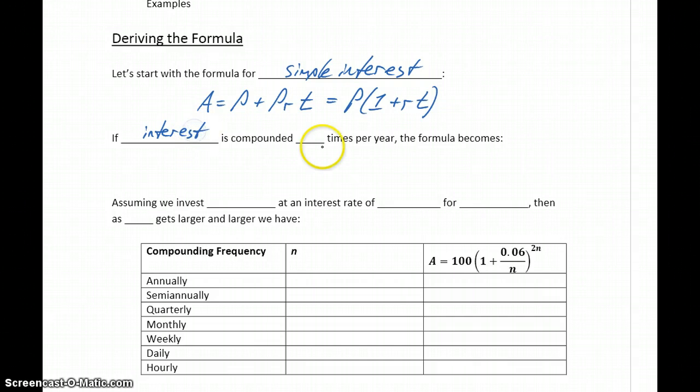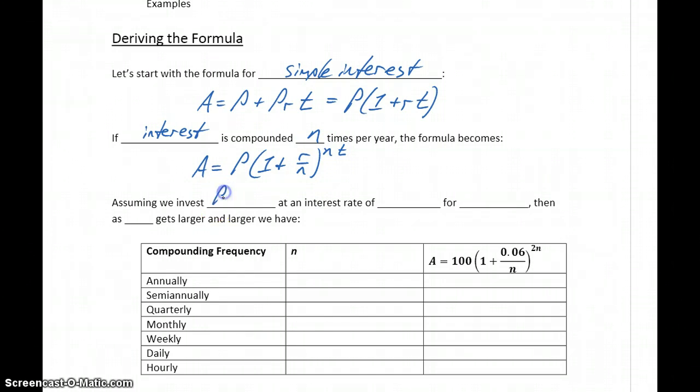If our interest is compounded n times per year, then this formula changes a little bit. Our total amount becomes that principal times 1 plus r over n to the nt, which is the compound interest formula.